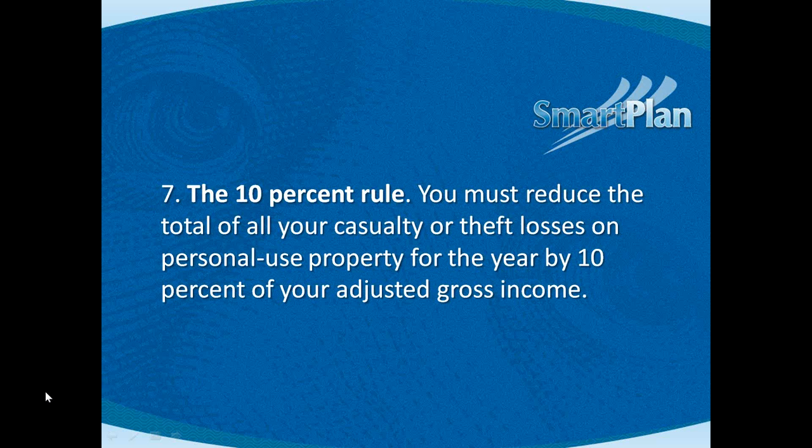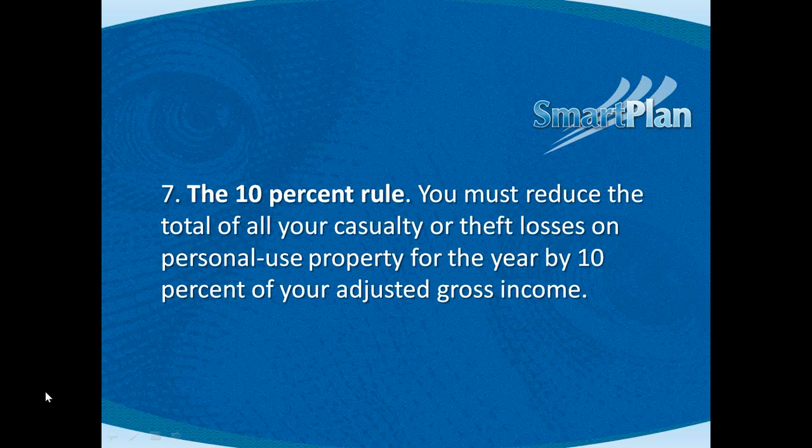So if, all of a sudden, you're walking down the street and somebody decides to hold you up and they take your Rolex, which was $4,000, you would first, because that is an unexpected and immediate loss, report the claim to the police, get a loss notice with them, and report it to your insurance company.